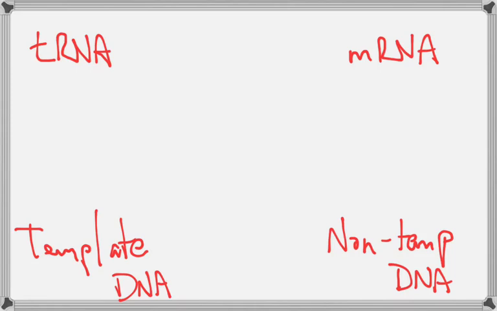Now, template DNA is the strand that gets transcribed. In other words, as the RNA polymerase reads the template DNA, it is producing mRNA.